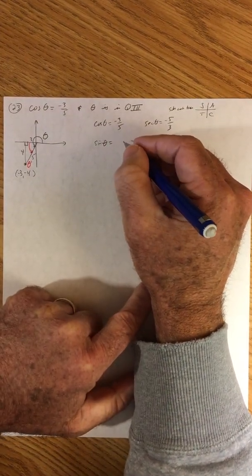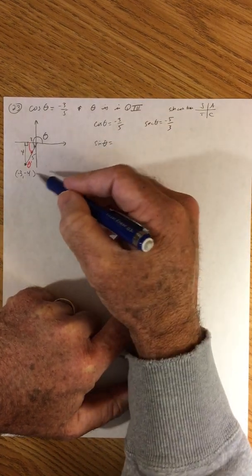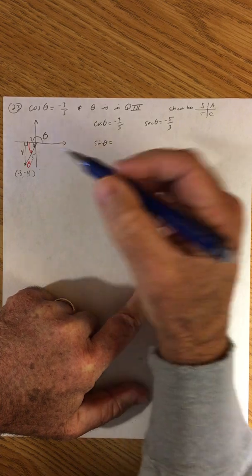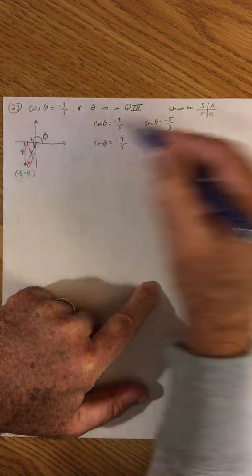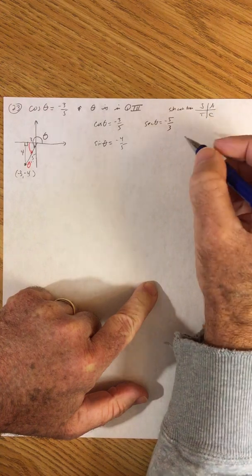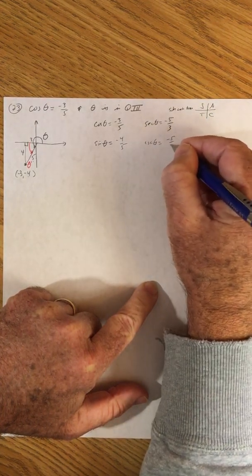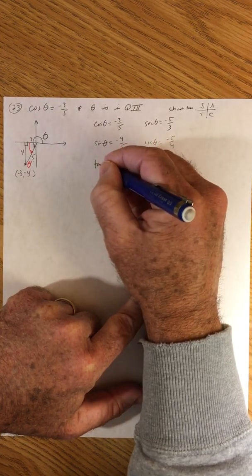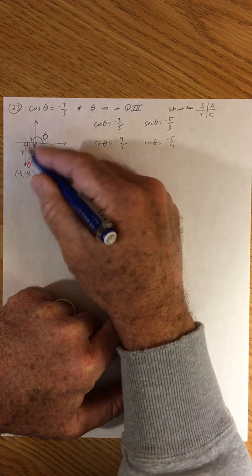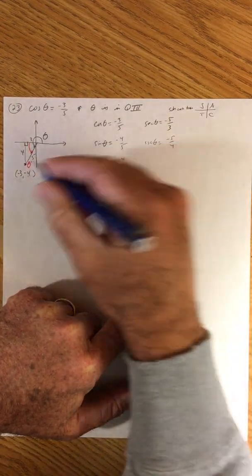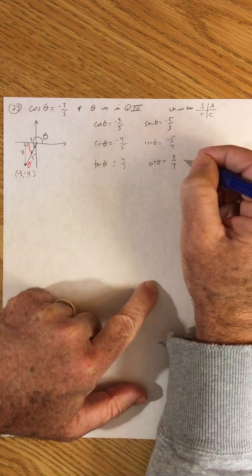By definition, the sine is the y-coordinate divided by the hypotenuse. It's also opposite over hypotenuse and negative in the third quadrant. So cosecant theta must be negative 5/4, the reciprocal. Tan theta, tangent remember is positive in this quadrant, 4/3, opposite over adjacent. Cotangent theta, 3/4.